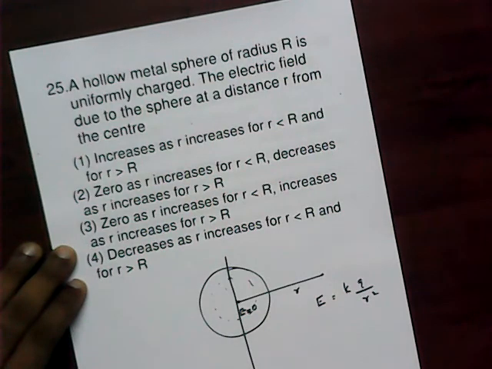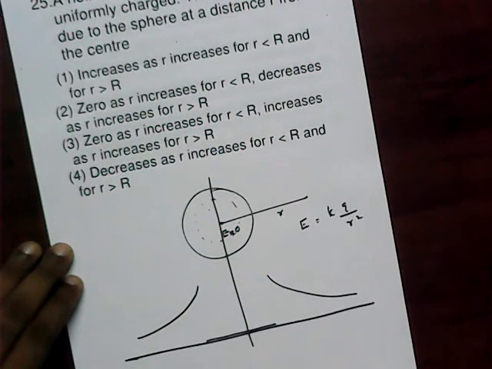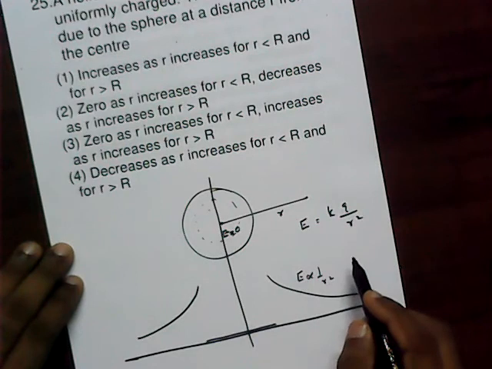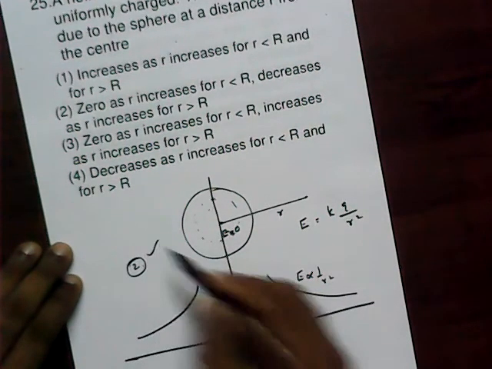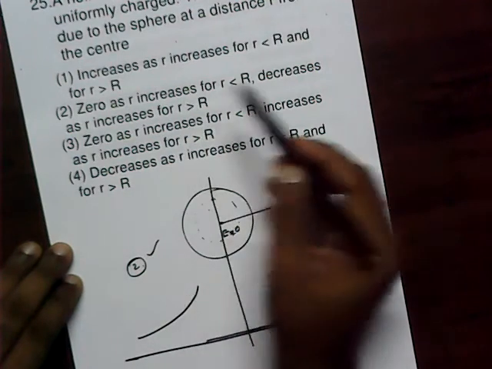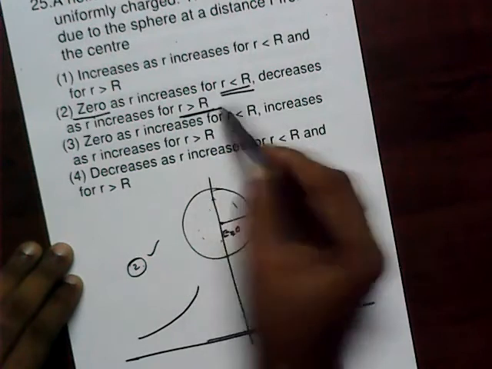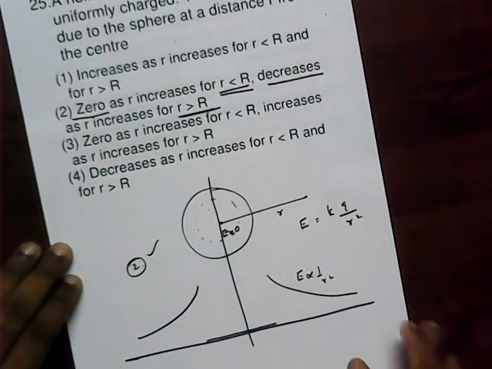The inside value is 0. On the outside, it goes on like this. So that is the curve. So we can say 0 for r less than capital R. And then E is proportional to 1 by r square, so it decreases. So for question number 25, you can code the answer as 2. It is 0 for r less than R, and for r greater than R, the value decreases. That is a very important concept.